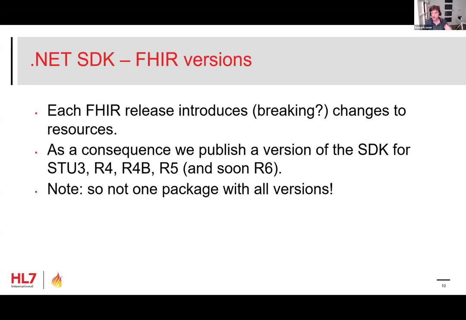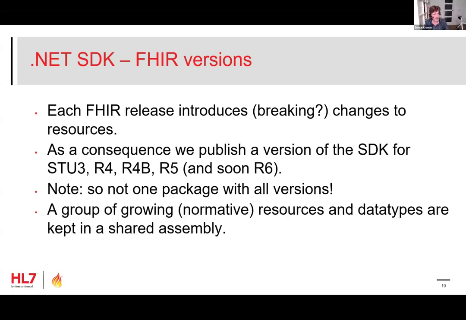So you can work in one application with multiple versions at the same time, where we do publish a single version, multiple assemblies, post-fixed with R3, R4, R5 for all these different versions. Luckily, as HL7 progresses, more and more of these things stabilize, and we don't really need to make new versions of them anymore.